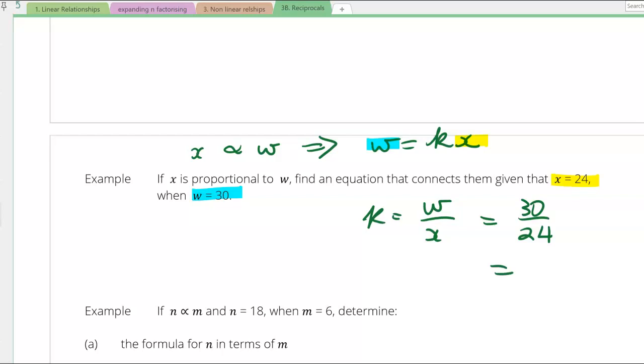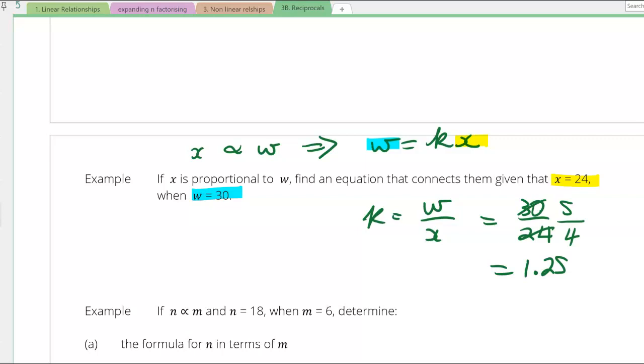What is that unit value? The numbers aren't quite so nice this time, so it's harder to see. 1.25, is it? 6 goes into 30 five times, 1.25, and into 24 four times, 1.25. Not that I'm suggesting you have to do that in your head. But that's your constant of proportionality.